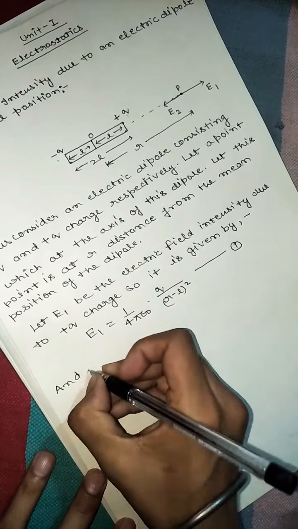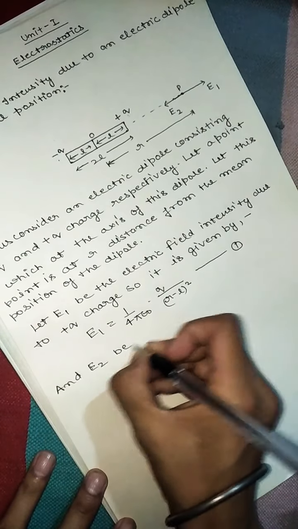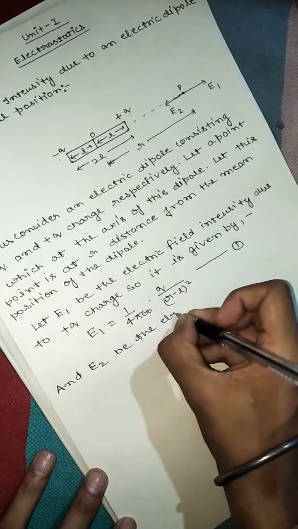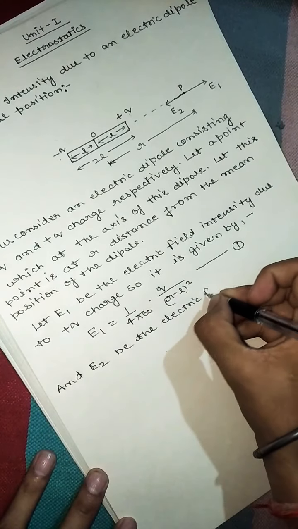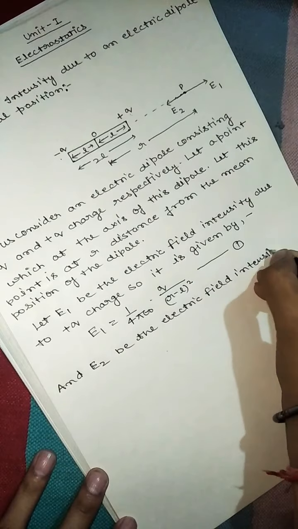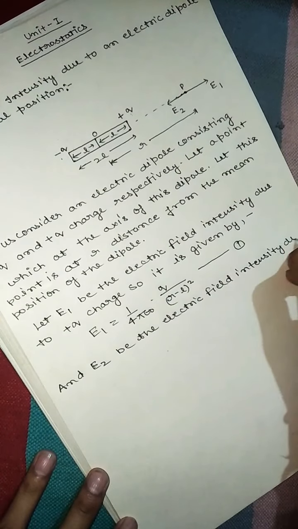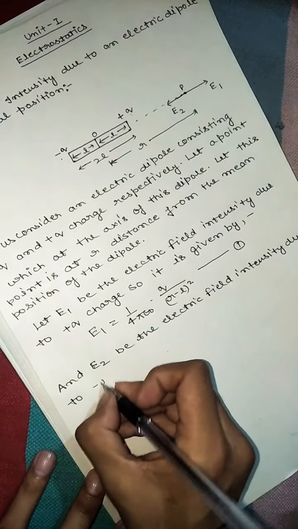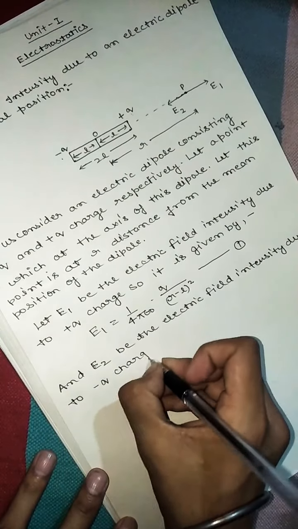And let E2 be the electric field intensity due to the negative charge.